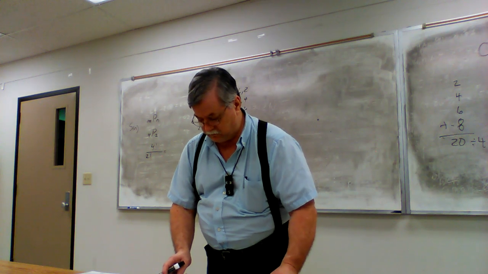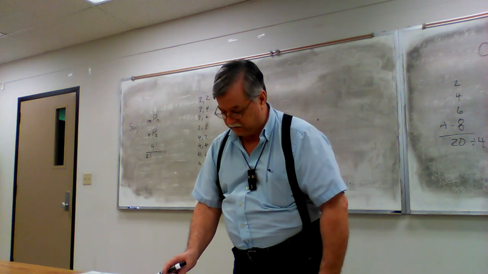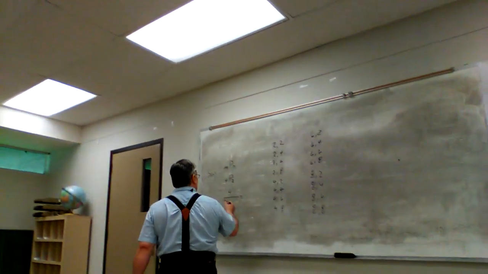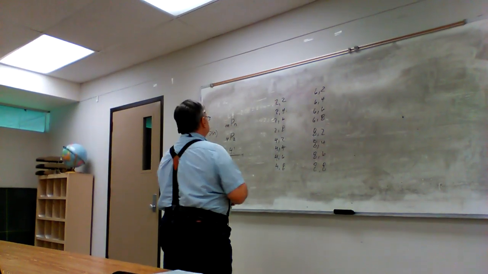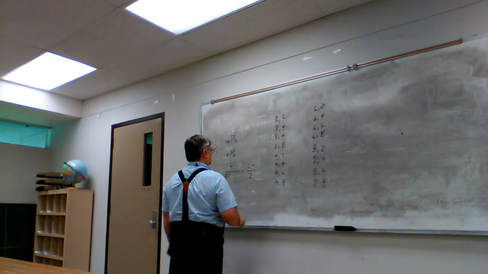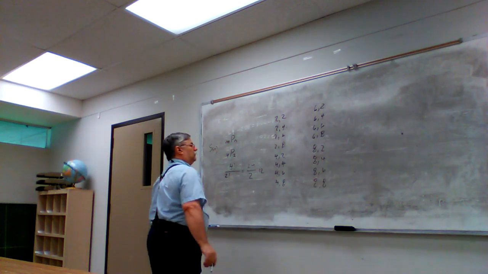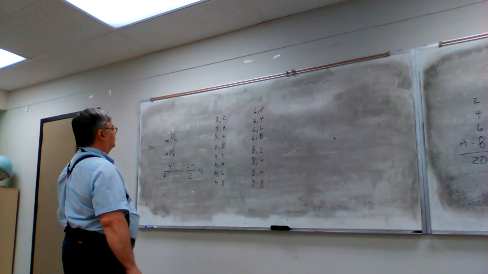It's m factorial over m minus n factorial. So 4 factorial is 24, divided by 2 should be 12. And that's actually 16, isn't it?